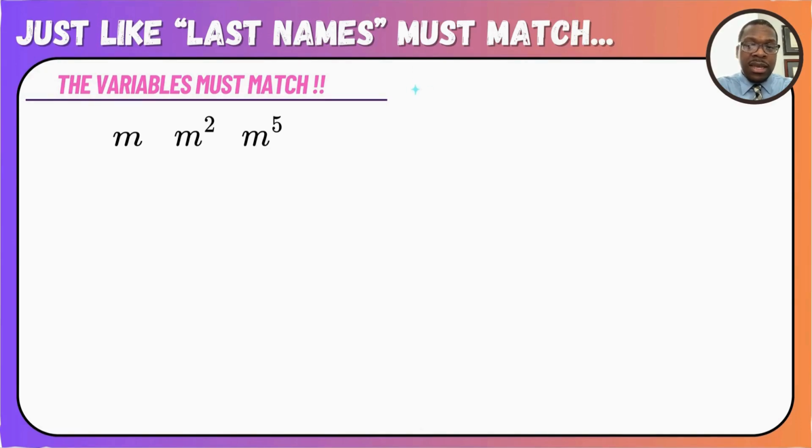M's are not the same as the m to the second power family. M to the second power family is not the same as the m to the fifth family. They're all separate families because they all have separate last names. Even though they look similar, they're not exactly the same.